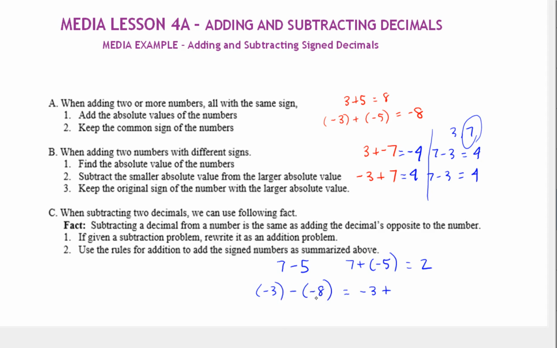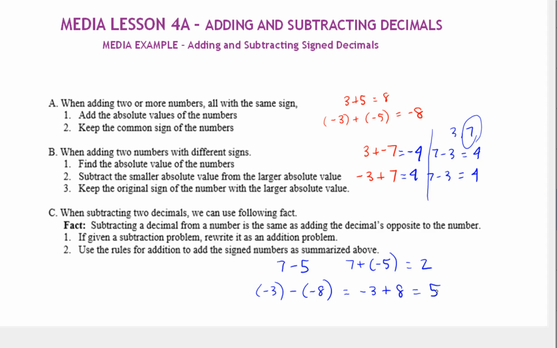Well, the opposite of negative 8 is positive 8. And to me, this is a lot more simple. So now we have negative 3 plus 8. The signs are different, so I subtract them. And since 8 is larger than 3 and 8 is positive, the answer is positive.